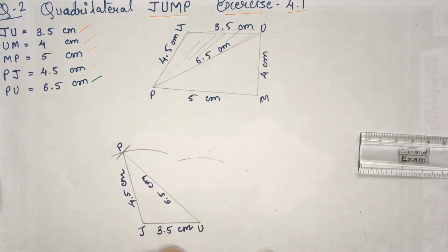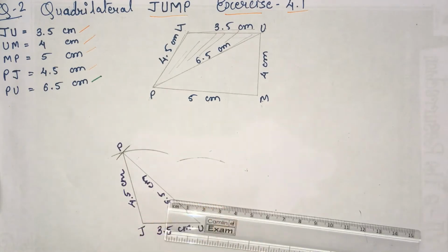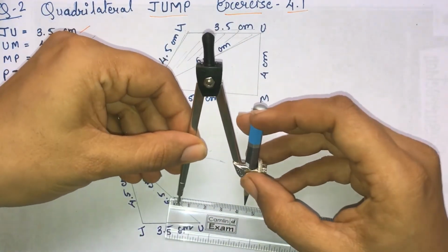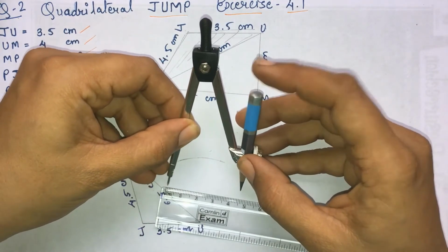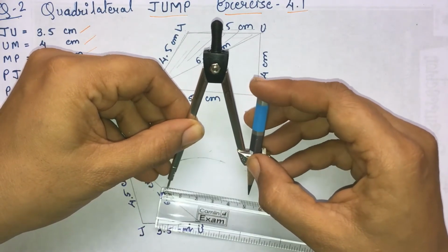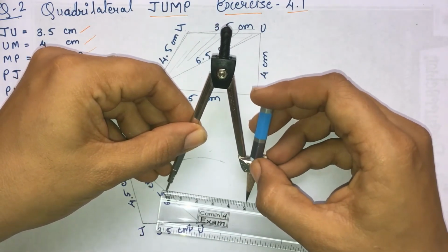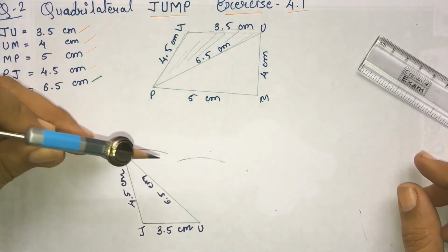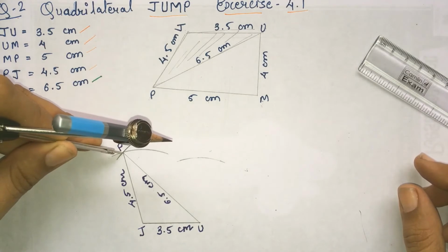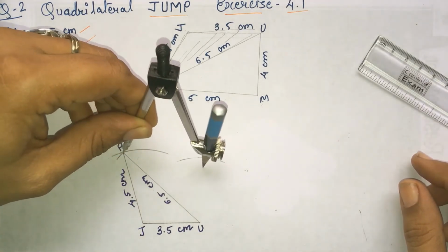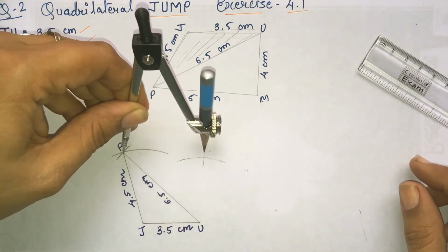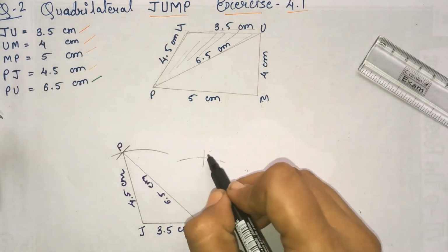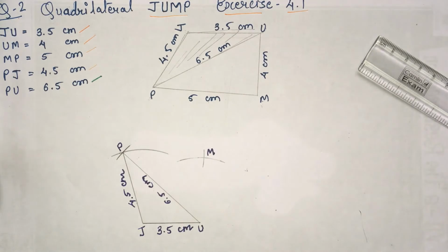And next we have to draw PM, so we'll take the measurement of 5 centimeter. This is my 5 centimeter radius. So now from P I'll draw another arc which will cut the previous one at some point, and this point I will name it as M.